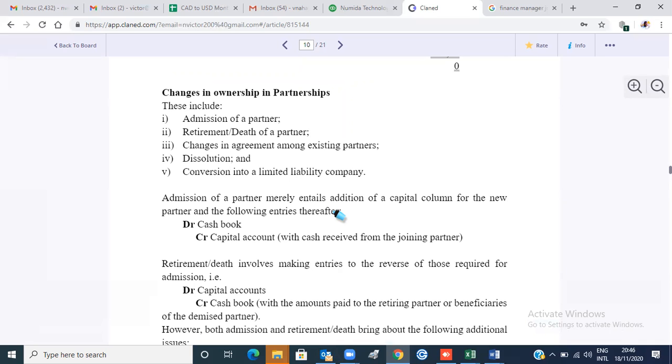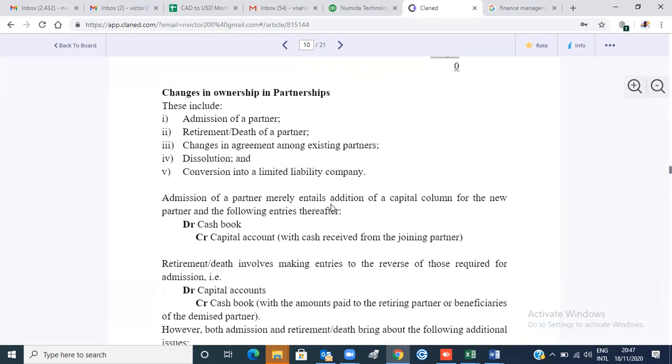And then we can just have an agreement. And we say that, yeah, we have been having a profit sharing ratio of 5 to 3 to 2, but let's change that from 5 to 2 to 3, or maybe from 4 to 4 to 2. So you can change some of those numbers.